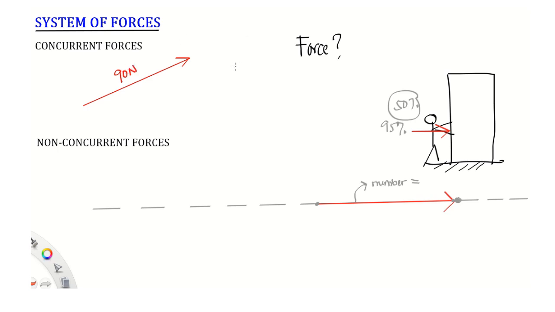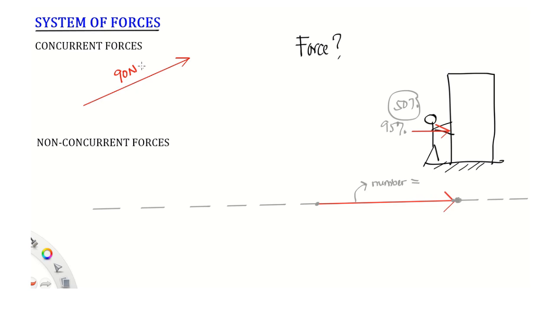That is what we are going to use here, 90 Newton. If you want to understand what a Newton is, I'm not going to discuss it here, because this is only for those who already have some prior understanding of what force is.